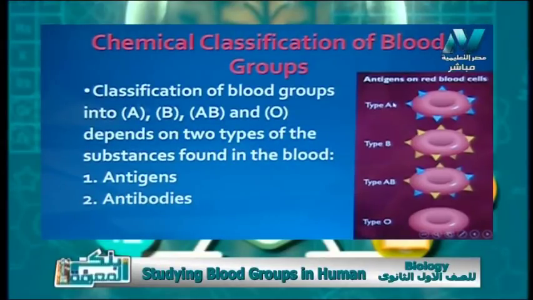Again, the person who is blood group A has antibodies in his plasma against B. So he has antibodies B. And the person who is blood group B has antibodies in his plasma against A. But what about the person who is AB?